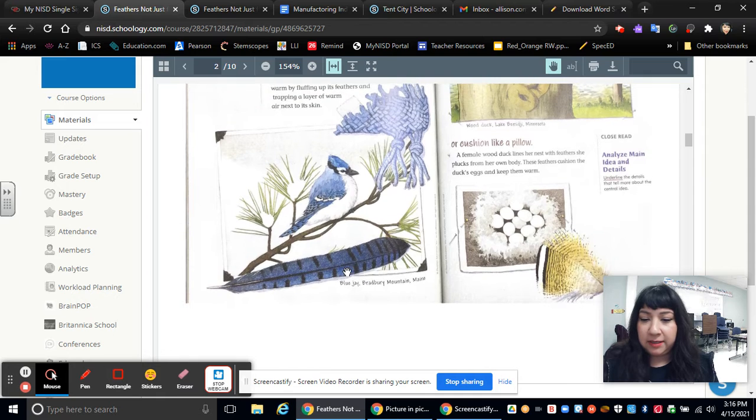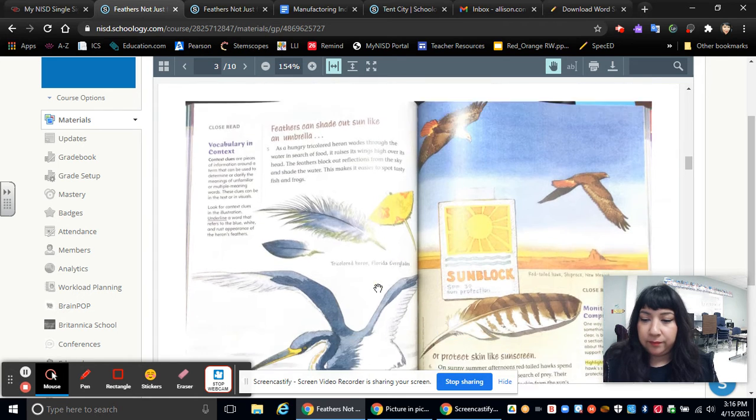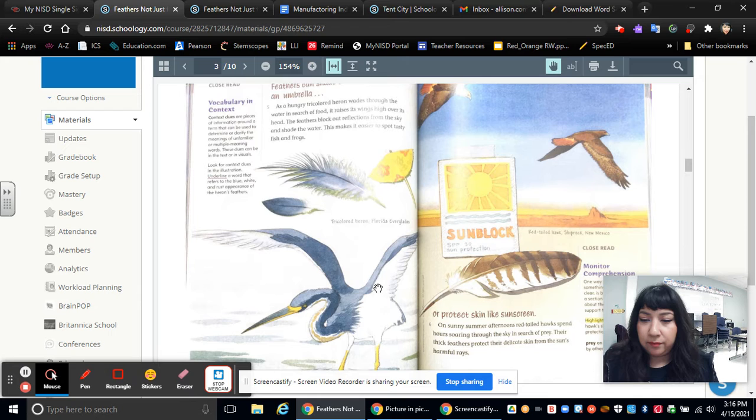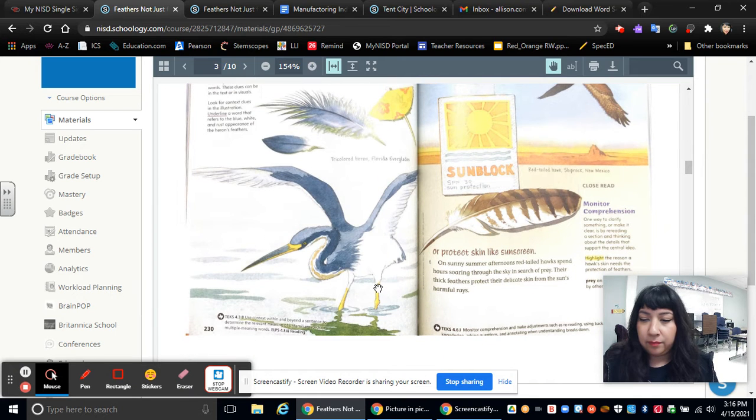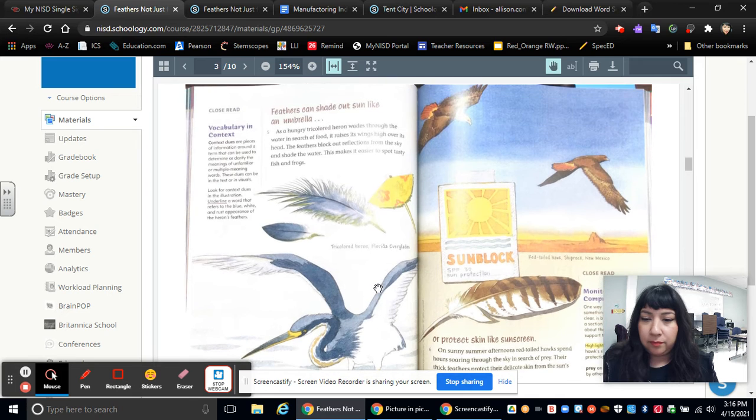On this one, I see a photorealistic image of this feather. Even the subtitles on these pages, this one says feathers can shade out sun like an umbrella or protect skin like sunscreen.